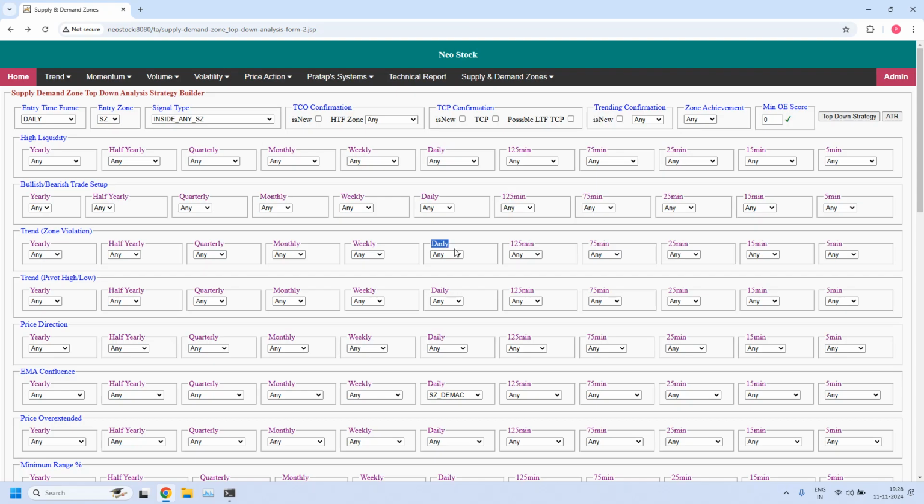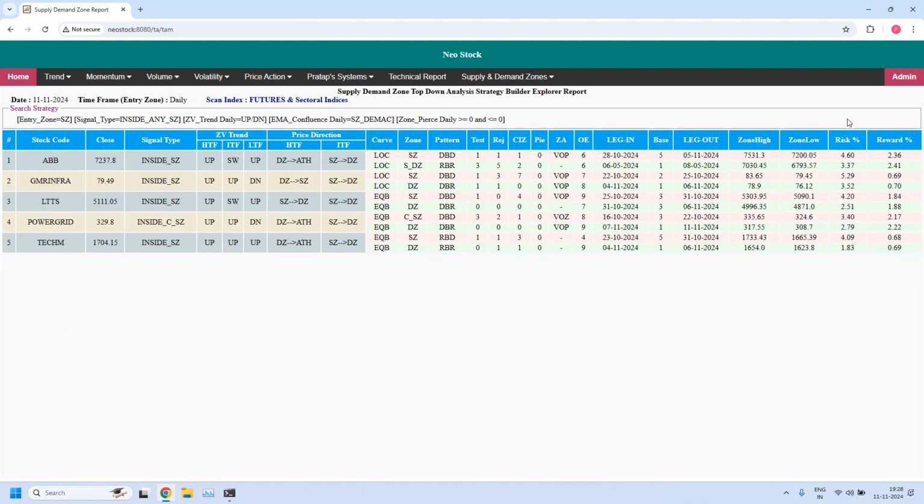So in the zone violation trend, daily time frame, it should be either up or down, not sideways. Sideways trend, EMA Confluence does not give any extra advantage. So with this EMA Confluence, down or uptrend, we got 5 stocks. Downtrend, you can plan bearish trade setups. Uptrend, counter trend trade setups.